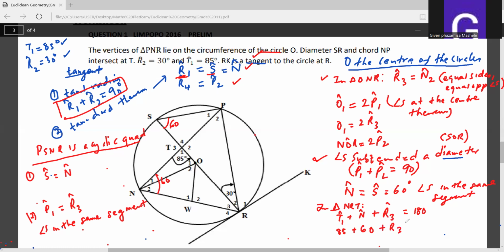Then we can get angle R3. By getting angle R3, it means we have to transpose 85 and 60 to the right-hand side, and that will give us 35 degrees. So R3 is 35 degrees.